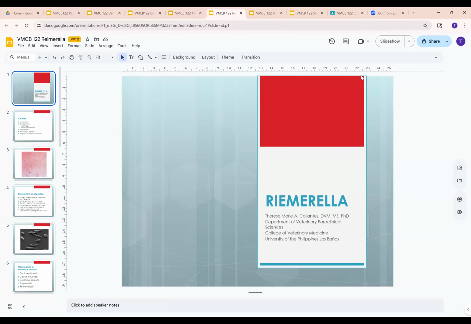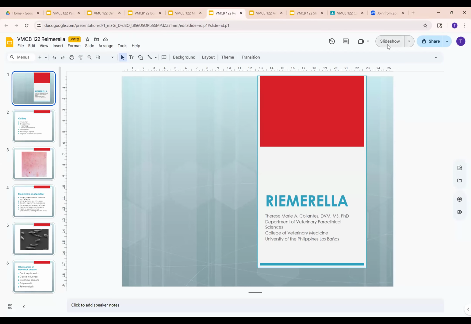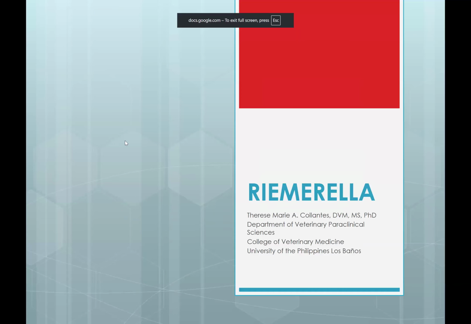Let's proceed to Riemerella. So I think we'll cover until Actinobacillus today. So we have enough time to finish all of the materials for this week. Okay. So the next genus is your Riemerella.